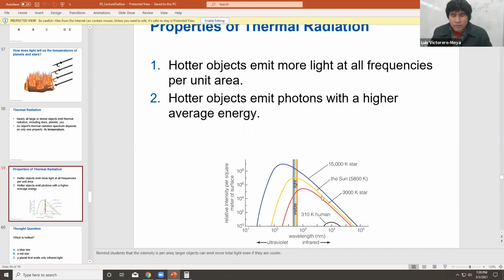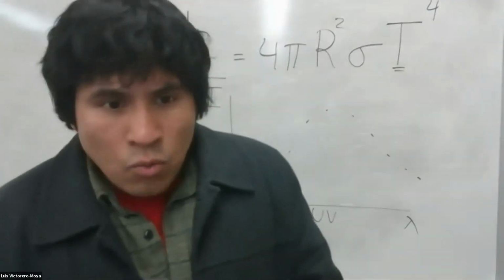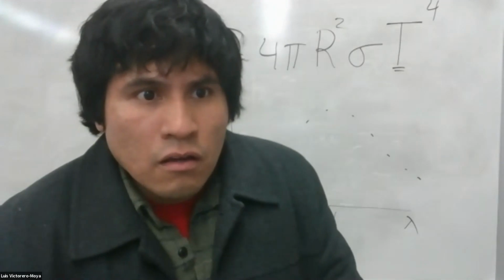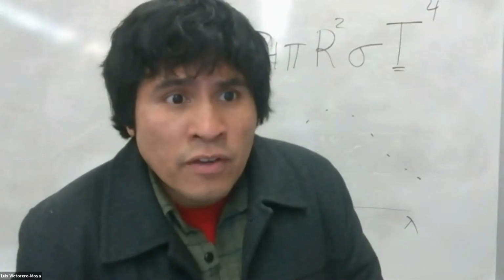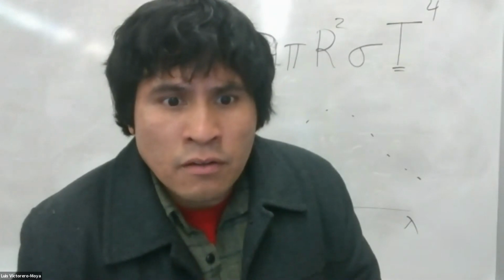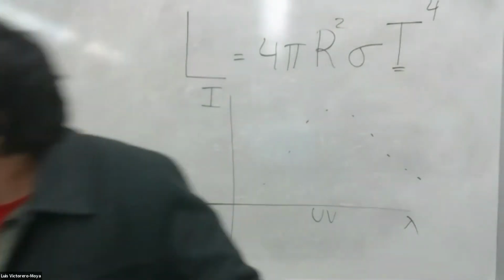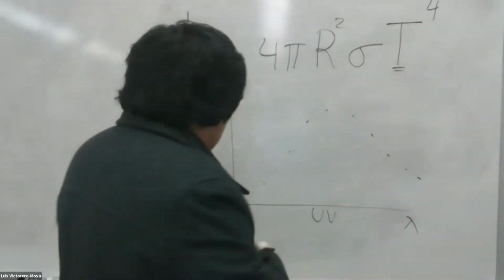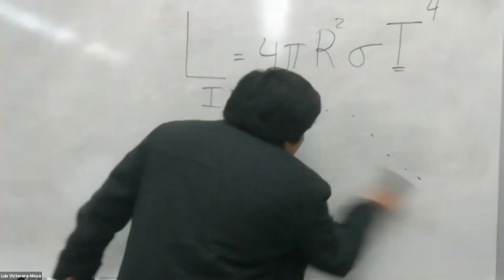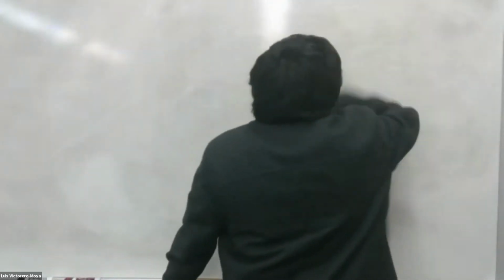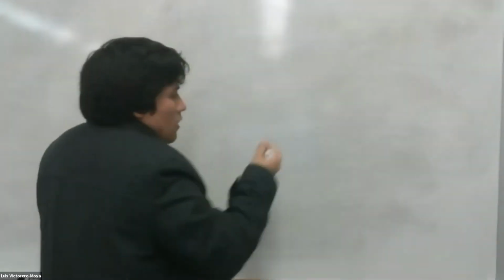All right, let me give you the last equation that you're going to need for this chapter, which is Wien's law. Wien's law is how we relate temperature with wavelengths.